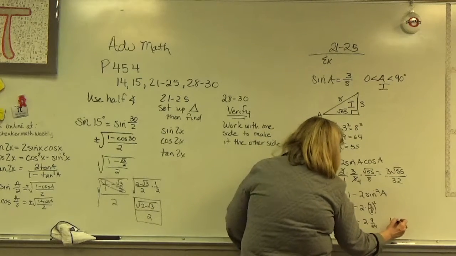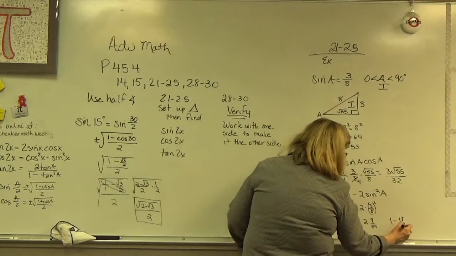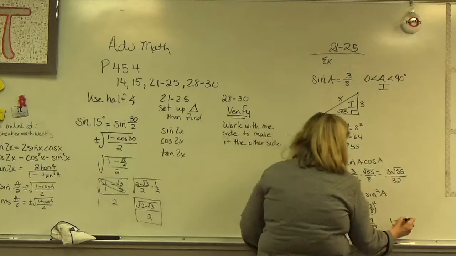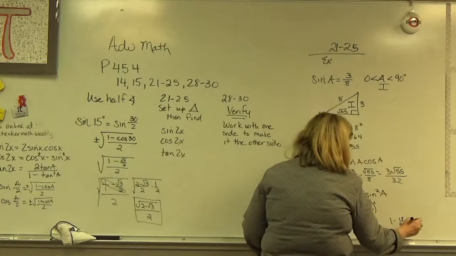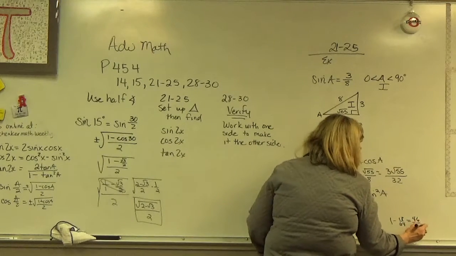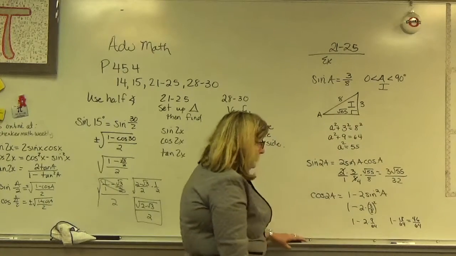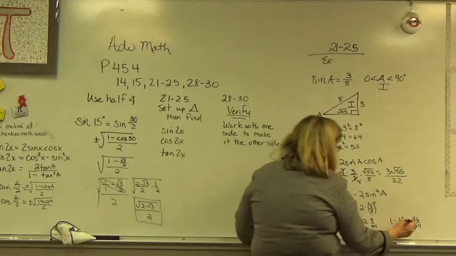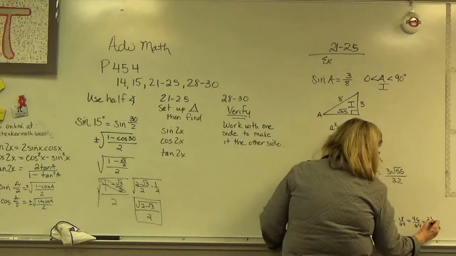So that's 1 minus 18/64. So what's 1 minus 18/64? 46 over 64. And I can reduce it, but I'm just gonna leave it alone for now. Well, no, I'm finished, so I wanna go ahead and reduce it. So that would be 23 over 32.